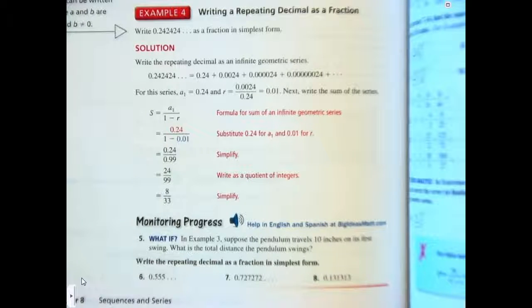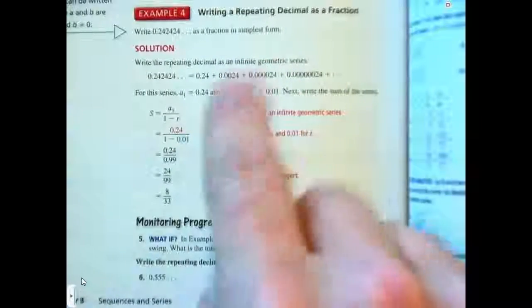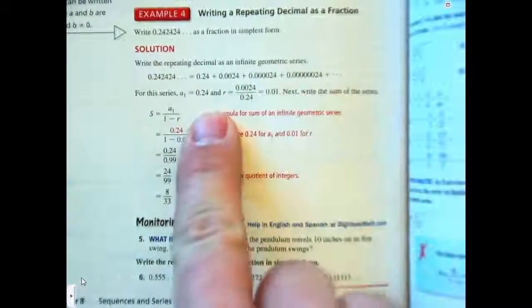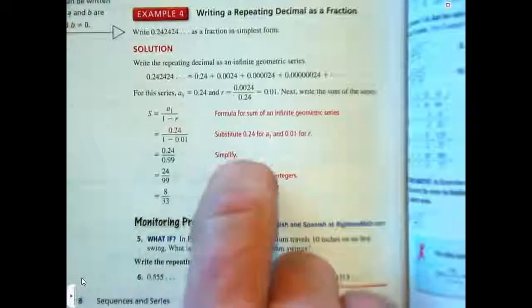So if it was 0.925, then you would divide that by 999. Okay? There are 3 place values, so divide it by that many 9s. You guys, each one of those though can be broken down back to this process here using our formula.